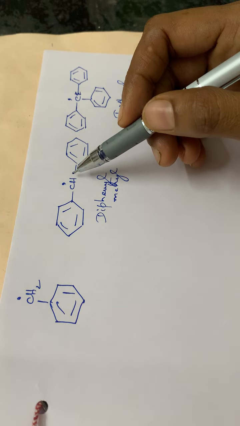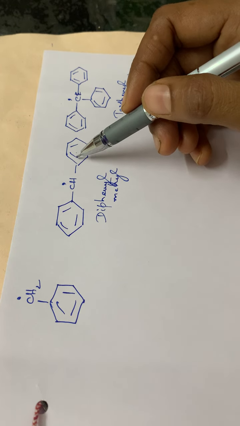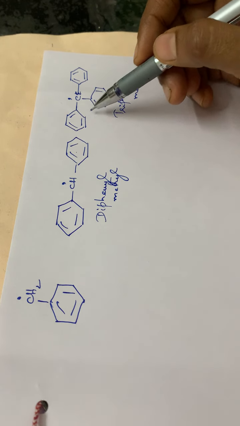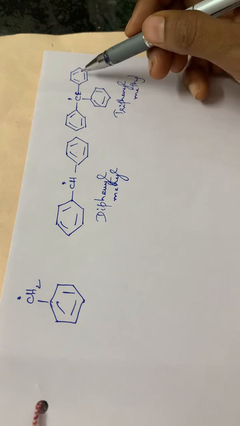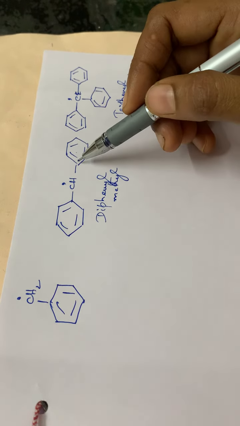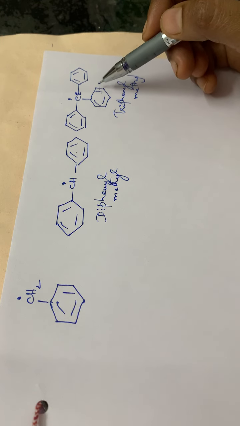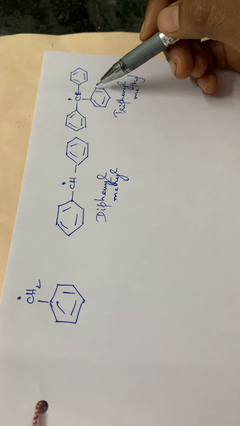But here, this delocalization will be carried out in between these 2 rings, isn't it? And in the third case, the delocalization will take place over the 3 benzene rings, and therefore from benzyl to diphenyl to triphenyl methyl, the stability will be maximum for this triphenyl methyl radical.